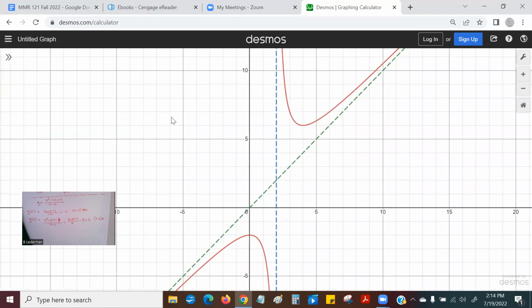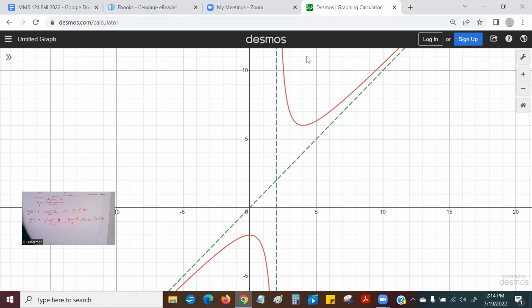If you notice, this green line here is the line x equals y, and the curve is asymptotic to it. So on this side is the vertical asymptote of x equals 2. This side over here is kind of a bonus asymptote. This is called an oblique asymptote, and it happens to be the line x equals y. This is kind of like a bonus round.